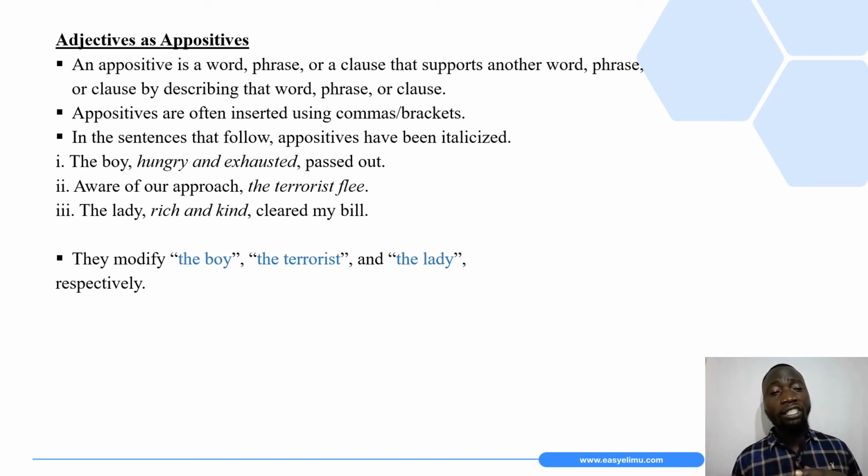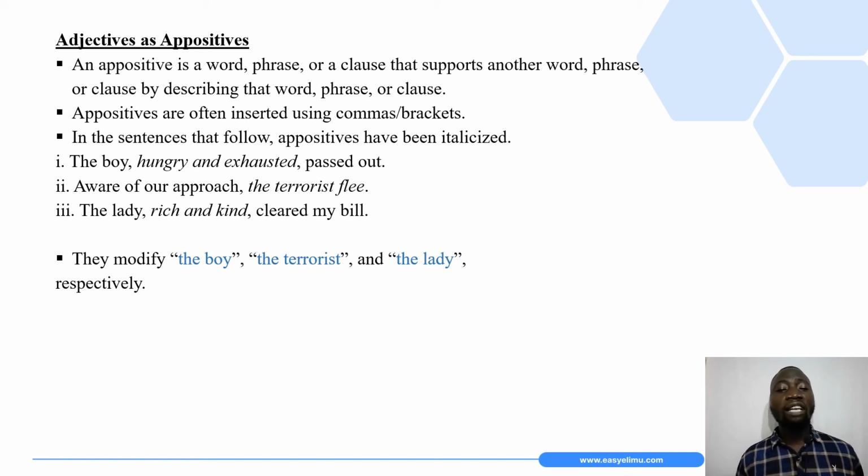An appositive, dear student, is a word, phrase, or clause that supports another word, phrase, or clause by describing it. They support other words, phrases, or clauses by describing them.